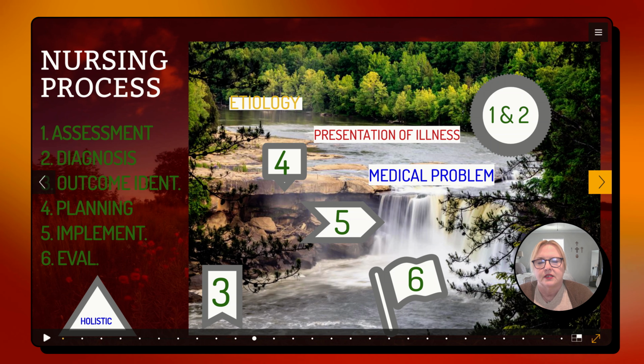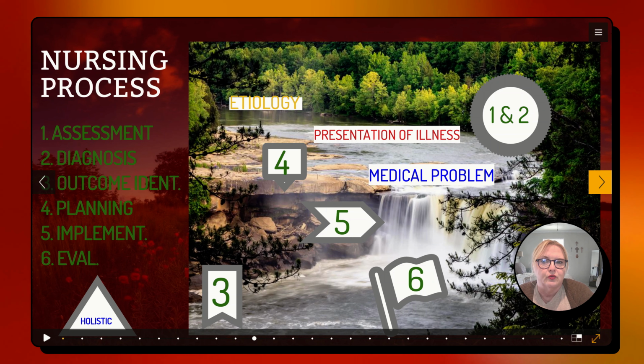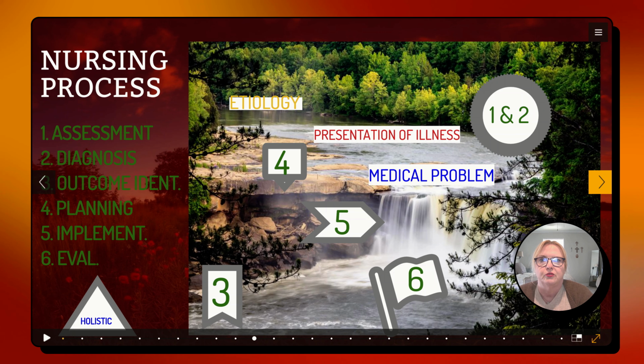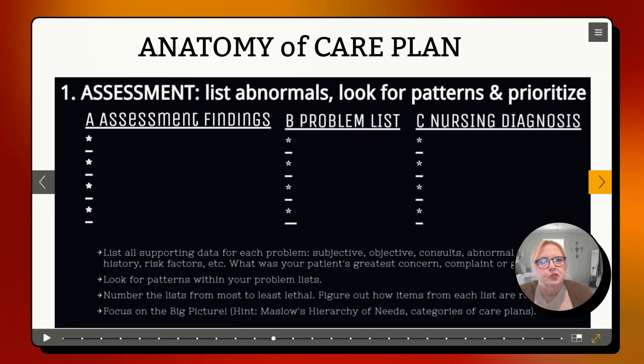And so it's Maslow's hierarchy of needs for you as well. You have to be able to feel that those things are in place before you're going to be able to relax, before you're going to be able to learn, and before you're going to be able to do those higher levels of learning that is required for nursing, which is reflection and understanding and applying the information that you know. So let's look specifically at the care plan.